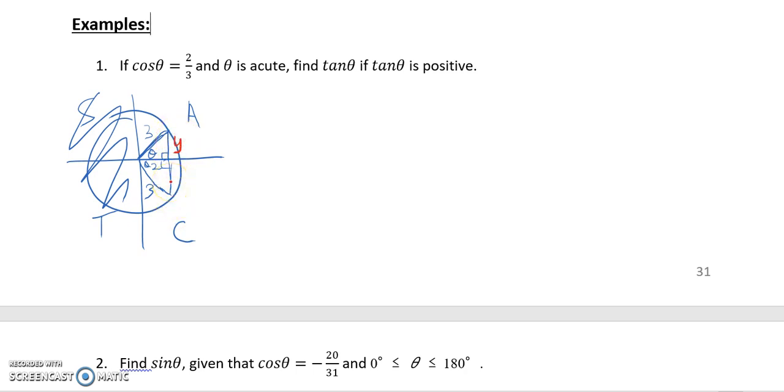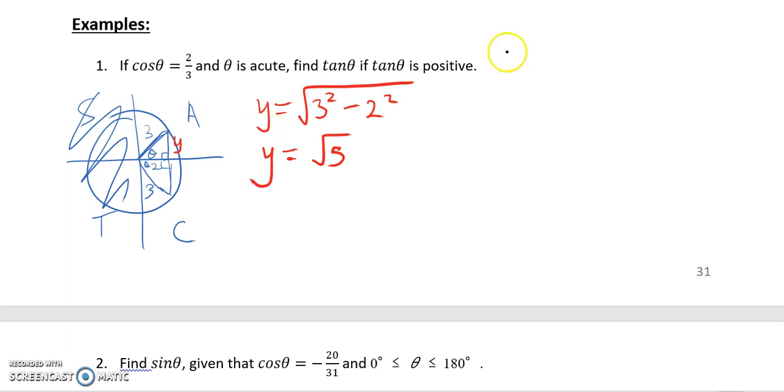To do that, we just use Pythagoras. So y is equal to the square root of 3 squared minus 2 squared, which is going to be the square root of 5. Once we've got that, it allows us to calculate tan theta if tan is positive.